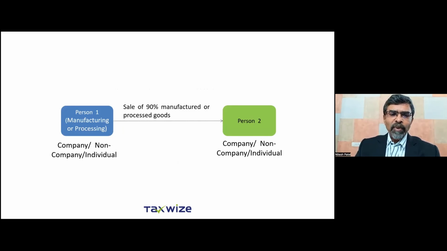This is a case where person 2, who is a manufacturer or processor, is selling 90% of goods manufactured by it to person 1. So person 1 is heavily dependent on person 2, and therefore person 2 can be said to have control over the business of person 1. These three were examples where one person had significant influence over the business of another person.